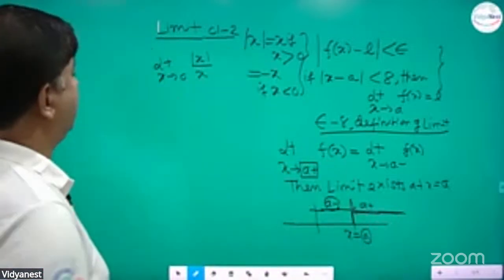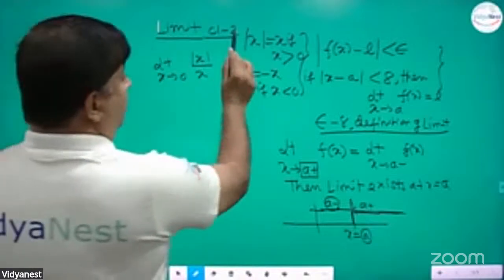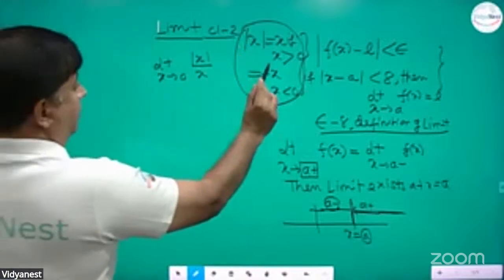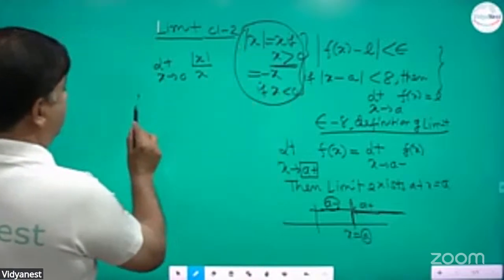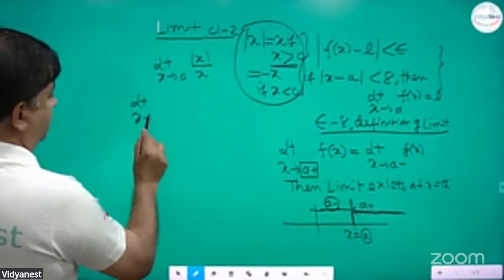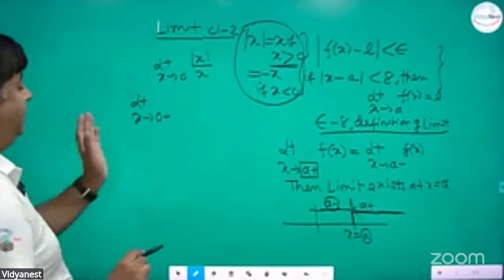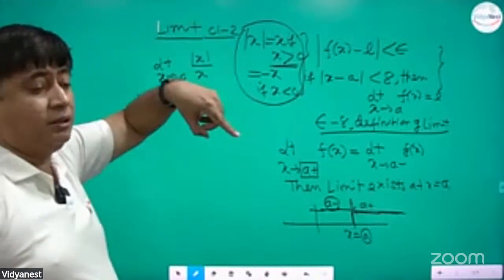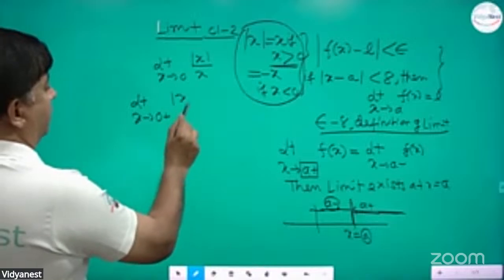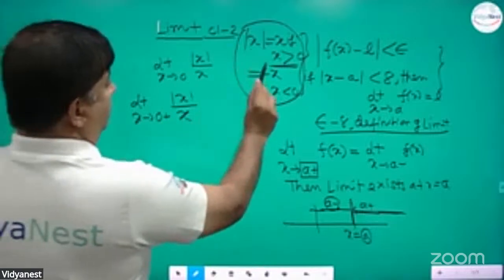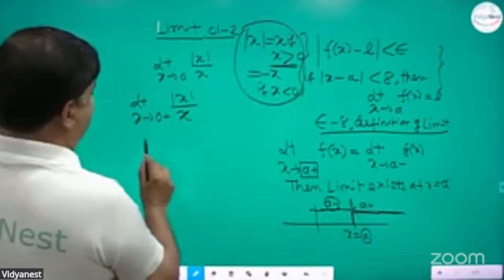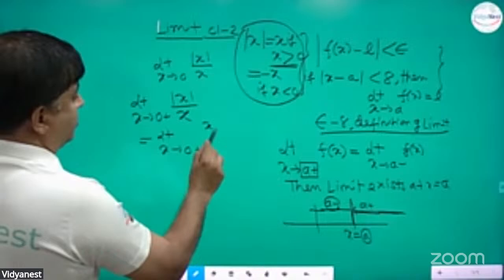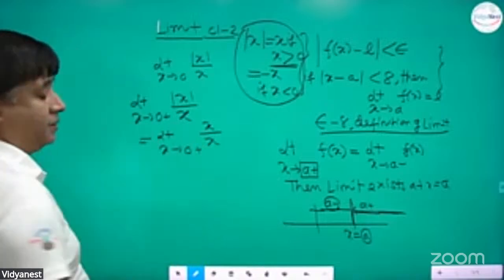So here, once you get mod x and recall its definition, we have to choose 0 plus, which means the right hand side of 0. We know that if x is greater than 0, then mod x will remain x.